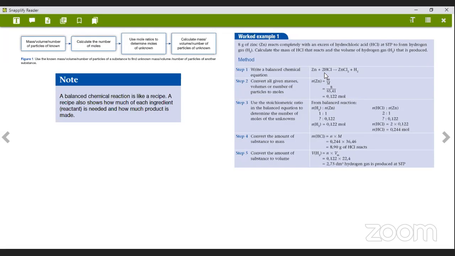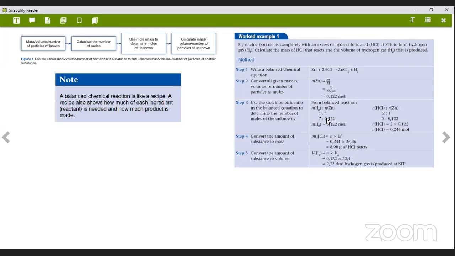So what we do, convert anything that's given into moles. So here, what are we given? We are given 8 grams of zinc. So we're going to use 8 divided by the molar mass, and this is what it's going to give us the number of moles. Okay, and then after that, from the balanced equation, now that part that I told you guys, 1 over x1 is equals to 1 over x2, and x2 in this case is going to be 0.122, yeah?